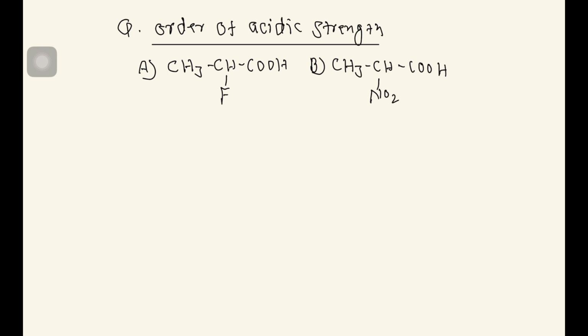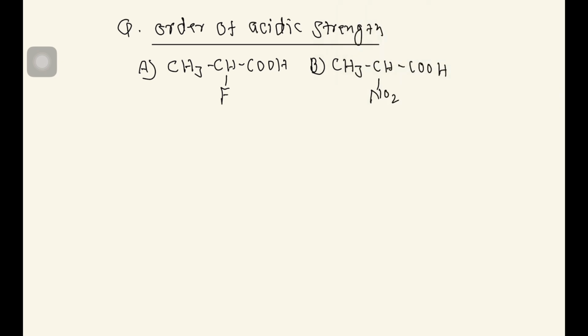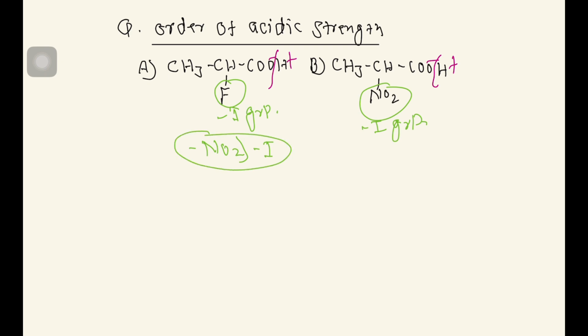From here, just see H plus, minus. Here F is minus I group, and here NO2 is also minus I group. But according to priority order, at first NO2 and after that F. So which one attracts more electron?